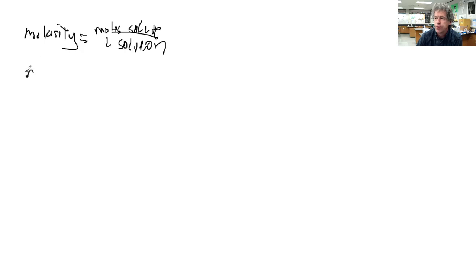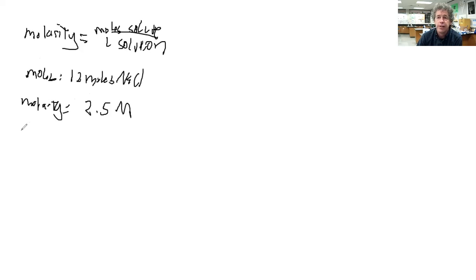So in terms of moles, we have 12 moles in NaCl. In terms of molarity, we have a molarity of 2.5 molar. And in terms of liters or volume, that's our question mark.